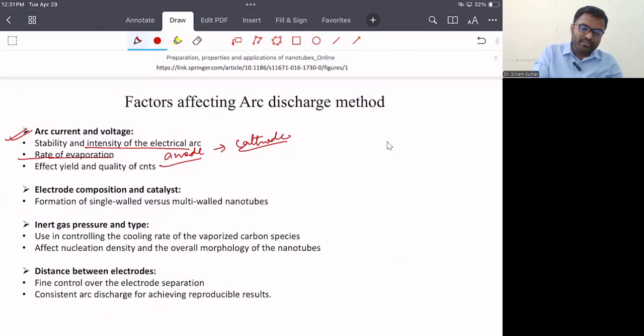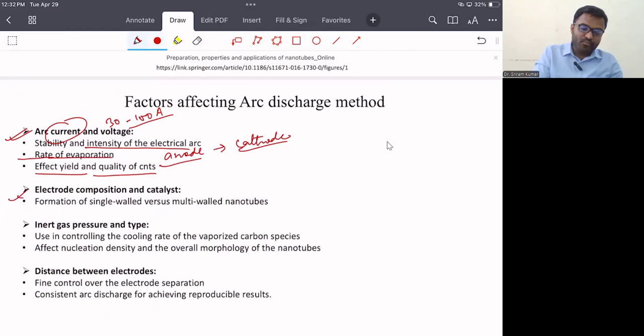That also affects the yield and quality of the CNT, so the arc current and voltage are very important. We can use a current of around 3200 ampere, and a very high voltage.